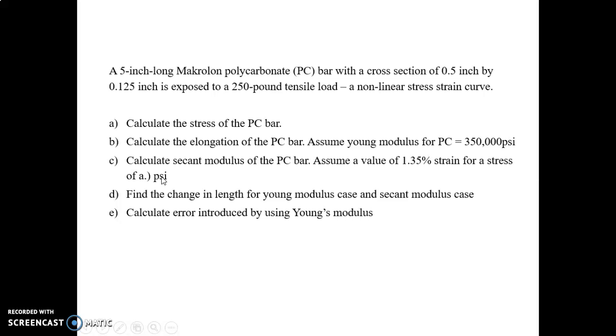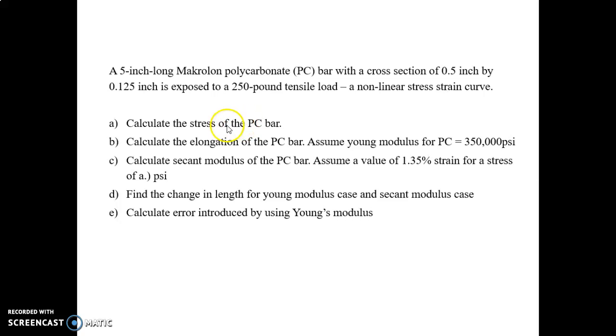Alright, for C, calculate the secant modulus of the PC bar. Assume a value of 1.35% strain for a stress of... Dia minta awak cari secant modulus berdasarkan load yang dia bagi dekat load yang awak dapat dekat A ni.